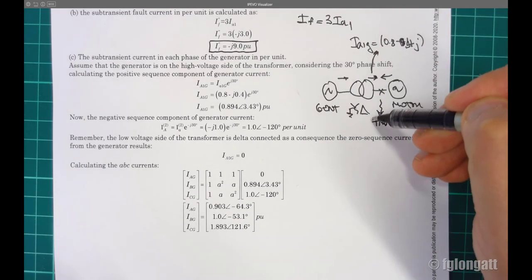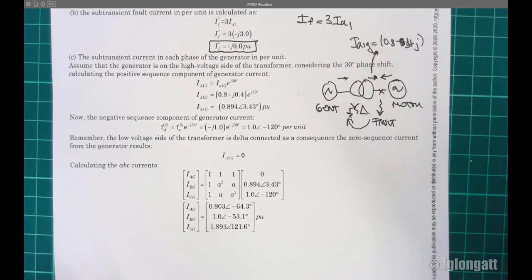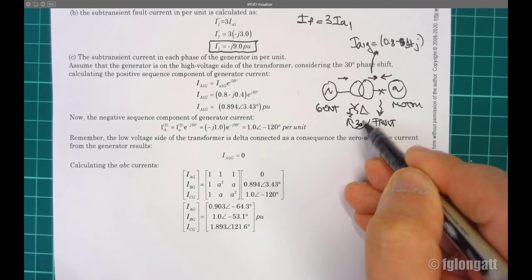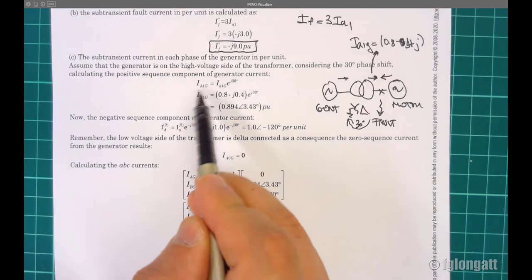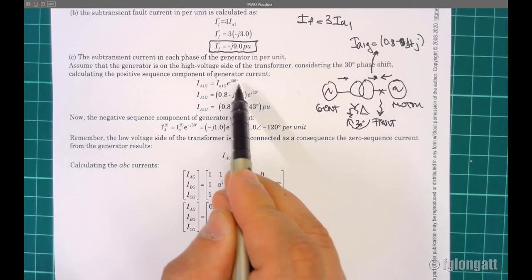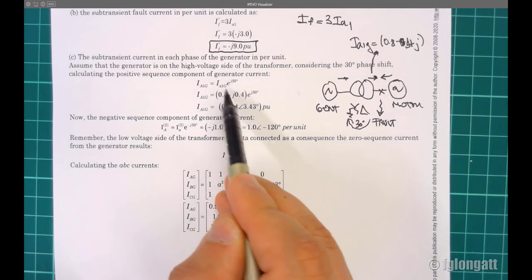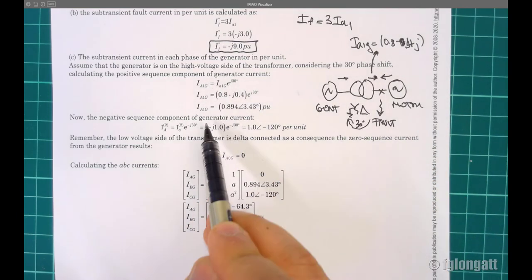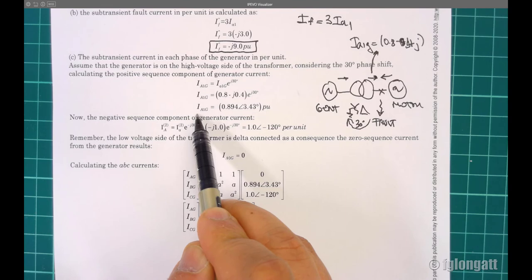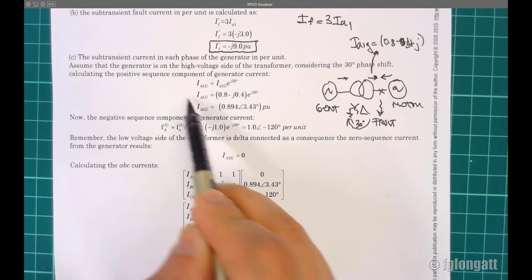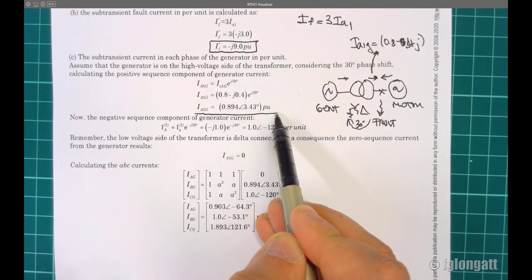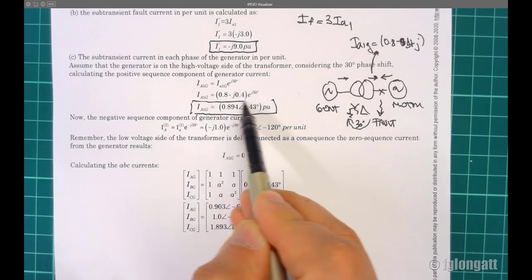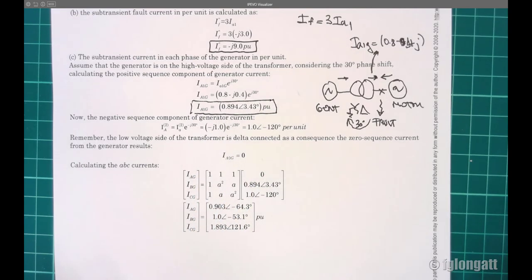When we are moving from the delta side to the star side, there is a 30-degree shift, and that is what we are doing here. We are rotating the current that we know by 30 degrees, and with the 30-degree rotation, that is the current. This is the current that you can find here, the current on the other side, on the star connected side of the generator, okay?